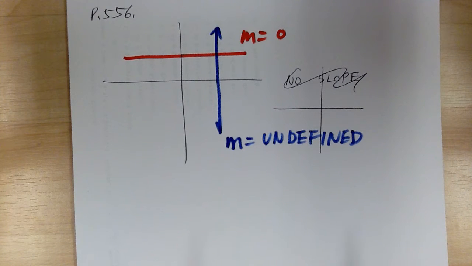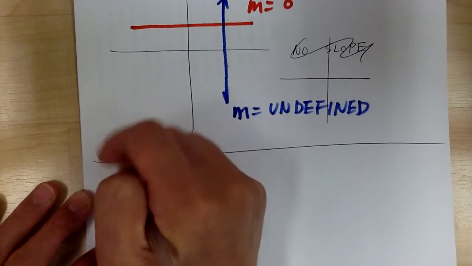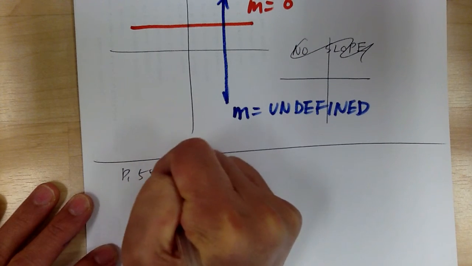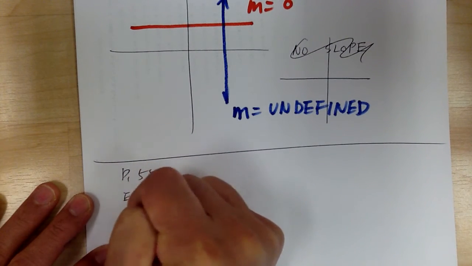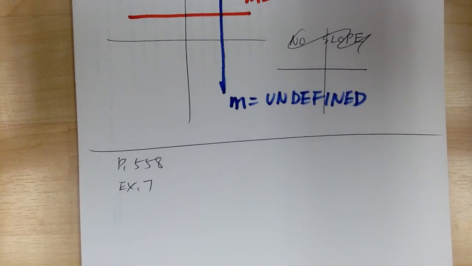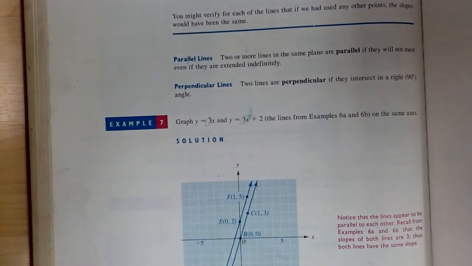Now, let's go to example 7. Notice example 7, you have this picture over here.